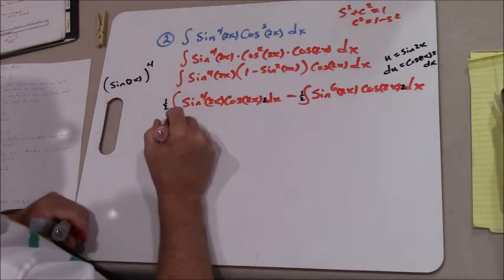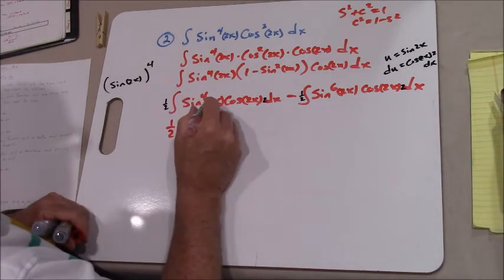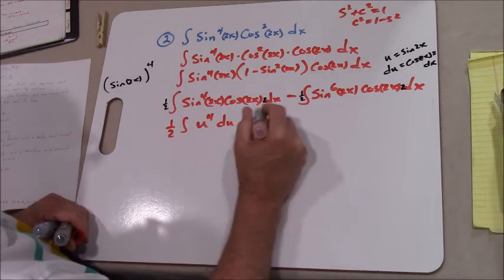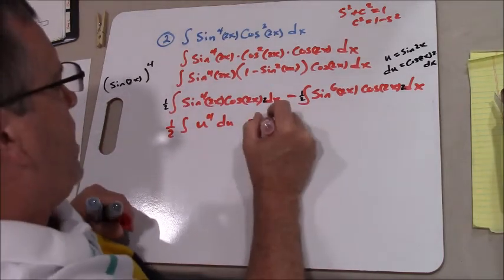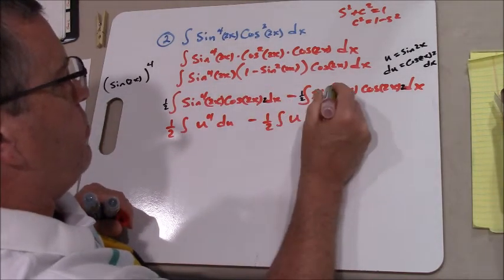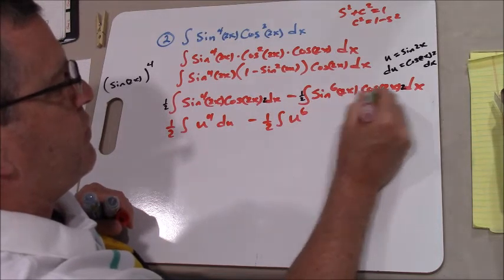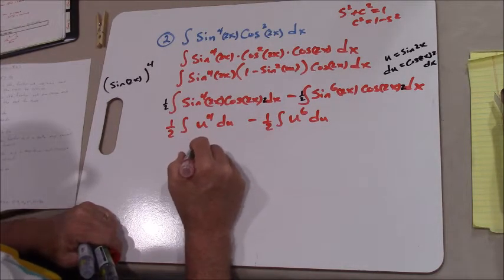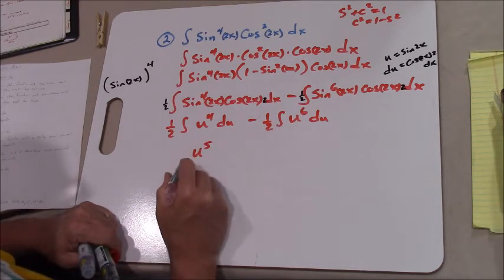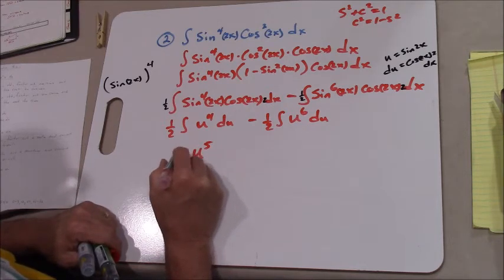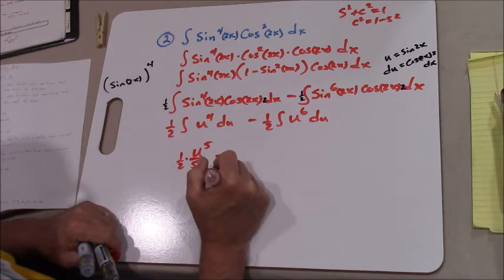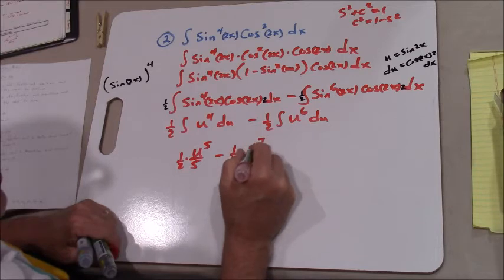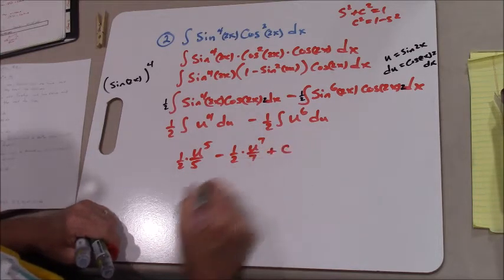Alright, so now what I have is 1/2 the integral of u to the fourth. All this is my du, minus 1/2 times the integral of u to the sixth power du. And so now what I get is u to the fifth over 5 times 1/2, minus 1/2 times u to the seventh over 7 plus c.